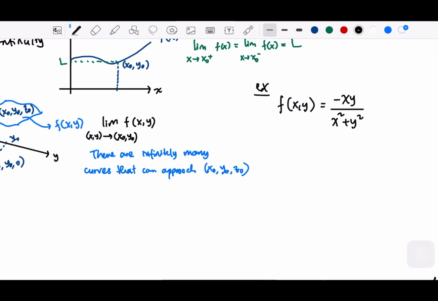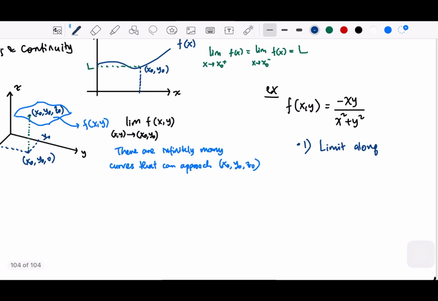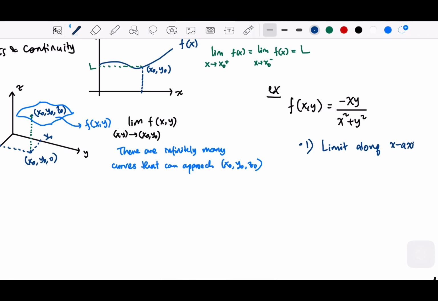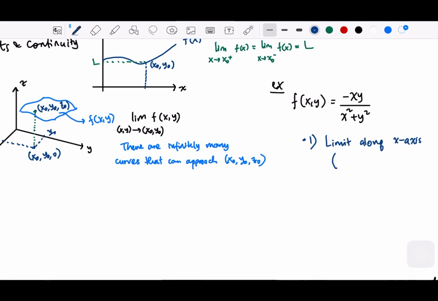First, we could take the assumption that the limit is along the x-axis, which means we take y to be 0.